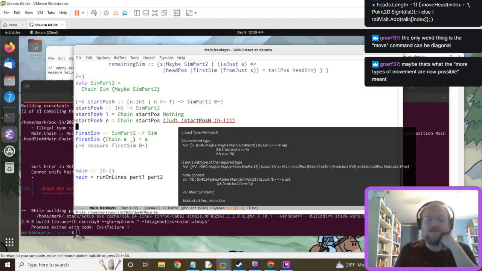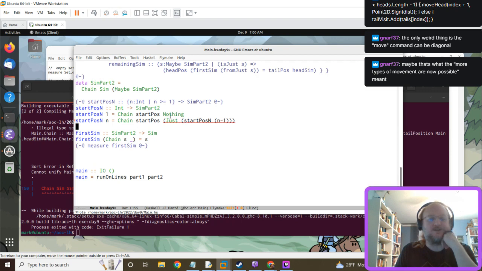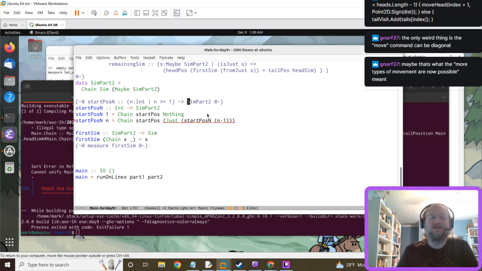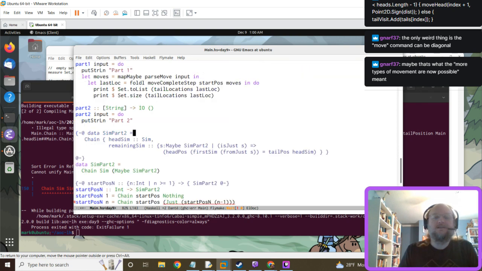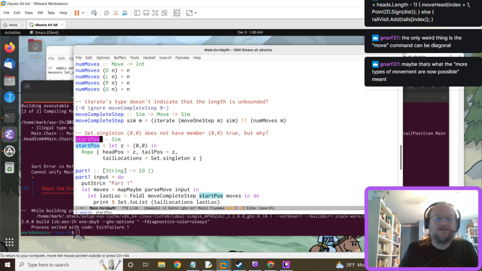Yeah, it doesn't know that they are the same, which is a reduction problem. We didn't tell it that they are all start position, I think. And I'm not sure even start position didn't give it a type.